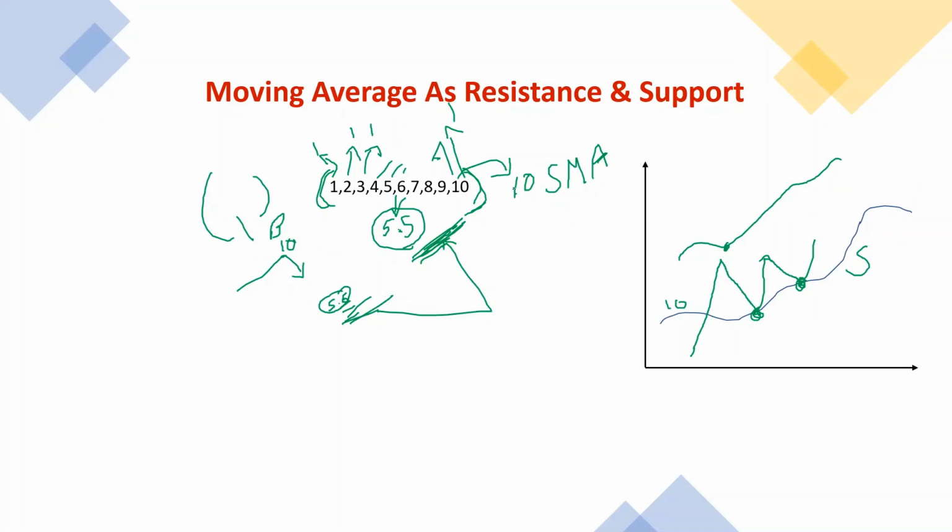So in this scenario you know what would happen. This is for resistance, guys. Okay, so for resistance what would happen is, let's assume this stock is now going from 2 rupees.